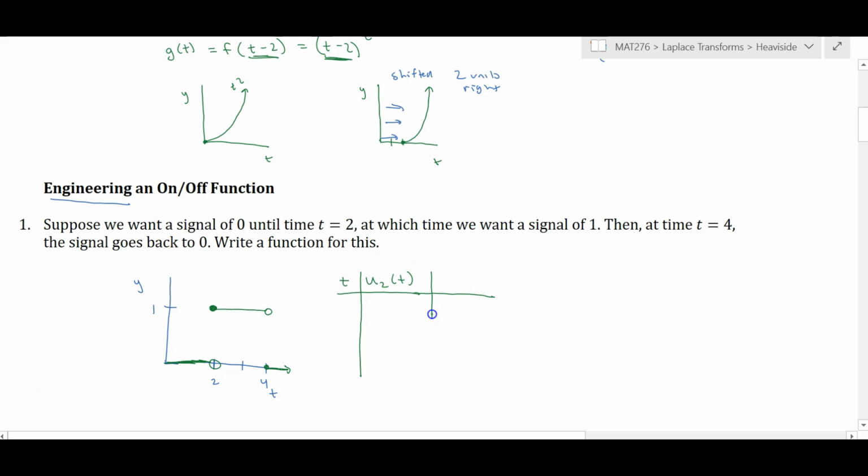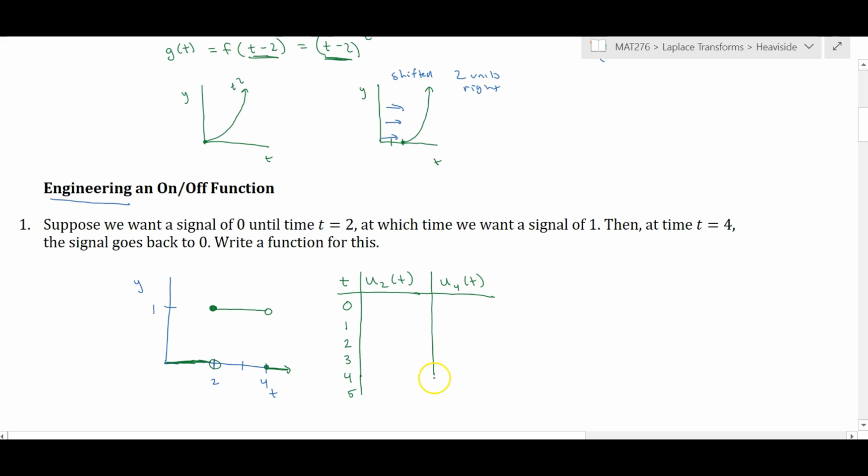I am also naturally going to create a column for u4 of t. The reason I'm going to do that is because at time 4, something happens as well. So let me just take a look at the Heaviside with respect to that time. I'm just going to pick integer times here: 0, 1, 2, 3, 4, and then 5.